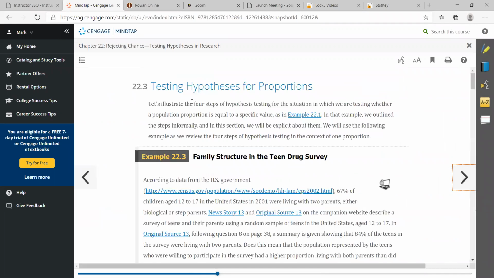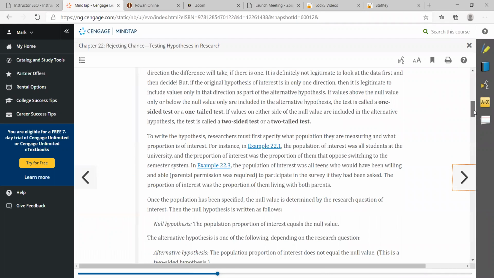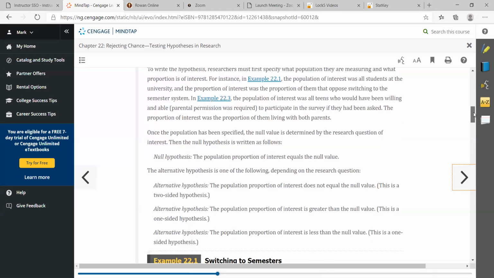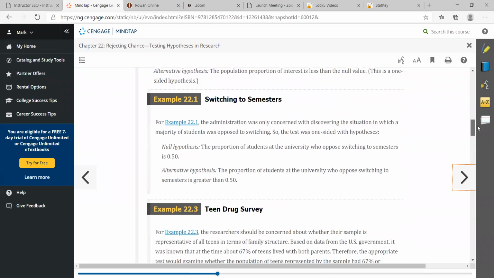Now here in this section, which it's supposedly not responsible for, it's not mentioned in the syllabus, but it does mention the three types of tests: the one-sided test, which is the left tail or right tail test, or upper tail, lower tail test, and then you have your two-tail test. It does mention them here, and writes it out in words, but remember, symbols are going to be used.